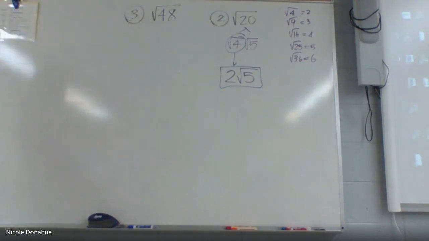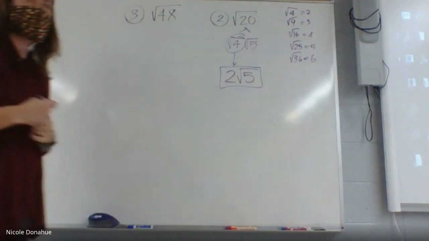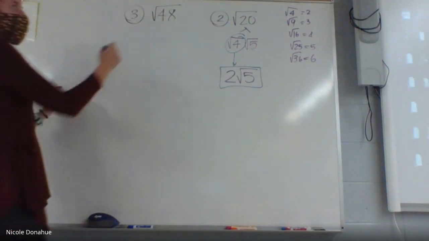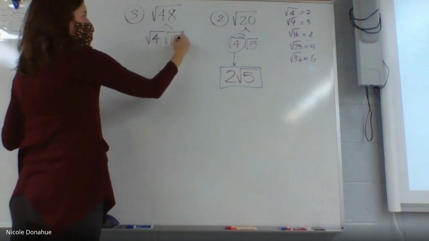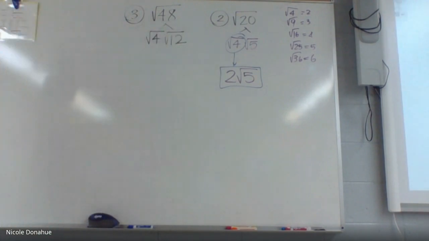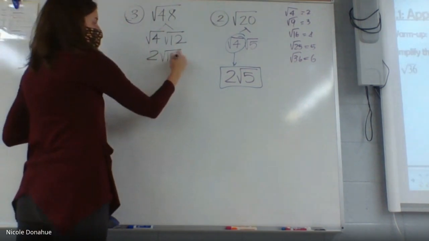However, there's a bigger number that is a perfect square that goes into 48. Do you see it off this list? You might not realize it. So let me start with 4 and show you how that looks. I break it up as square root of 4 times the square root of 12. Well, square root of 4 is 2. Square root of 12.